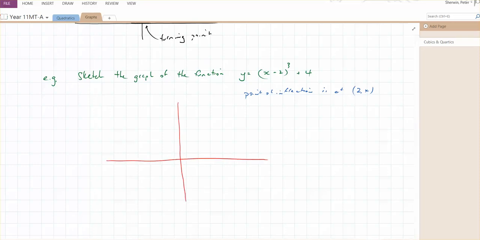But now the point of inflection is going to be up here somewhere. So go across 2 and up 4. That's where we're going to have this thing going on, at (2, 4). Let's just draw it. Let's just see what happens. A little shimmy through there, and up it goes. So that's the point (2, 4). It's a point of inflection.